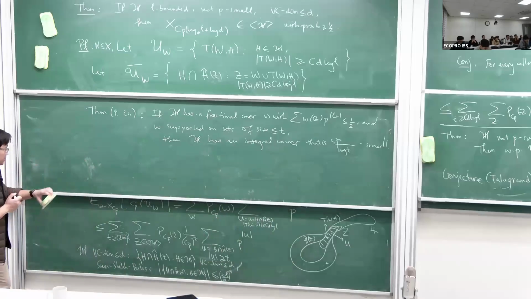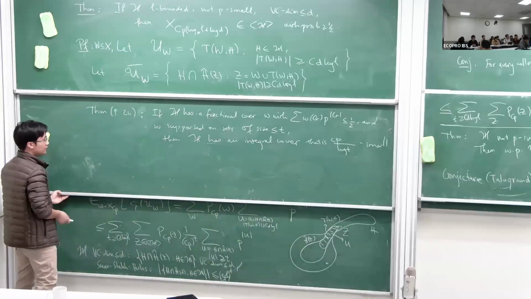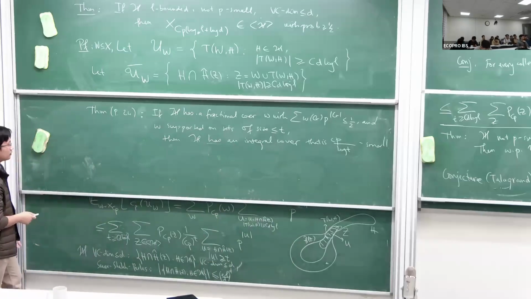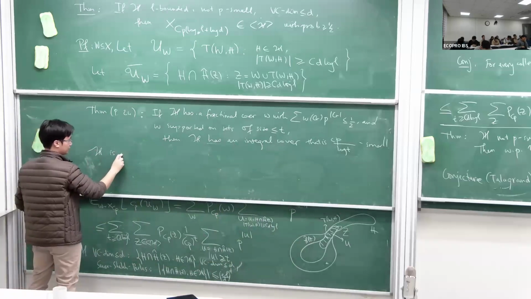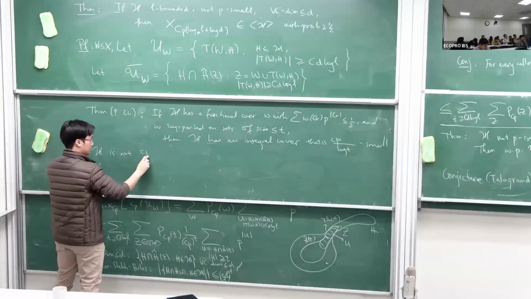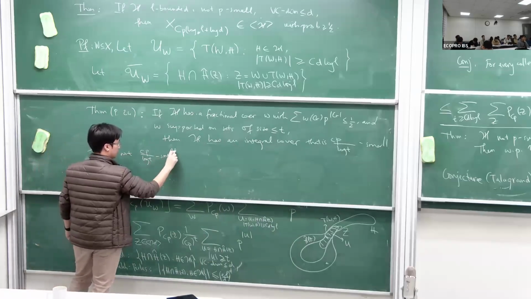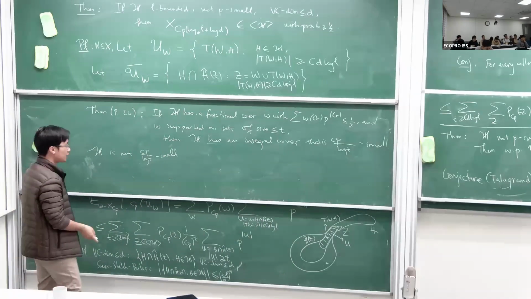And I don't think I will have time to tell you about the full proof, so I'll just tell you that the proof idea is actually fairly simple. What you do is you assume that H is not Cp over log T small. I want to use the sharp version of the selector process conjecture, so I need to set up some weight.